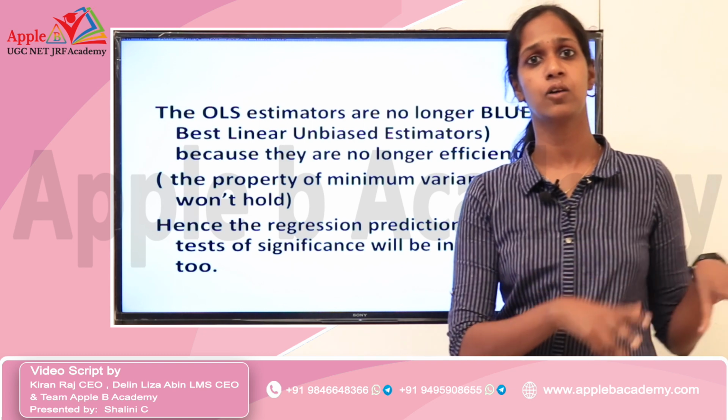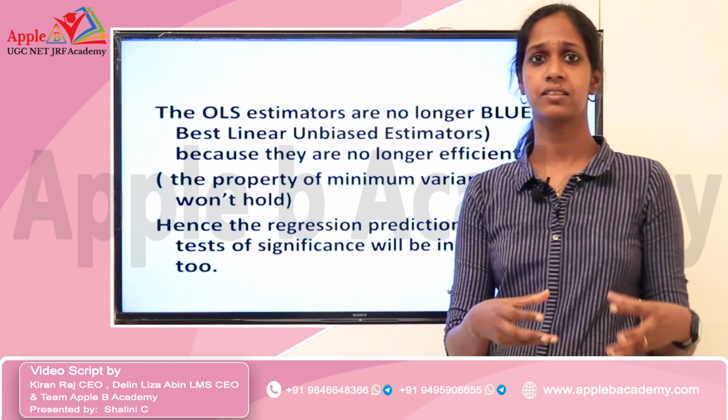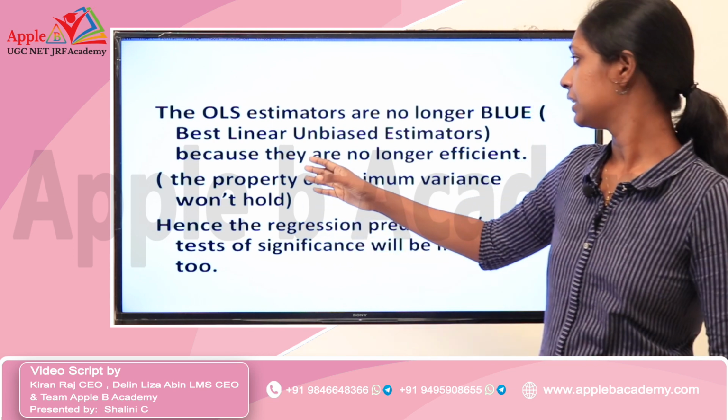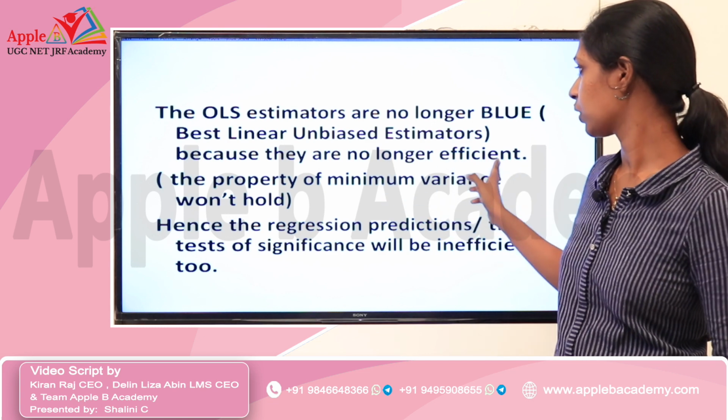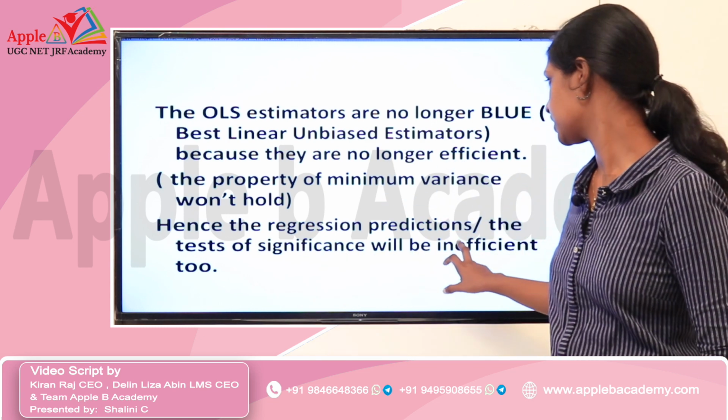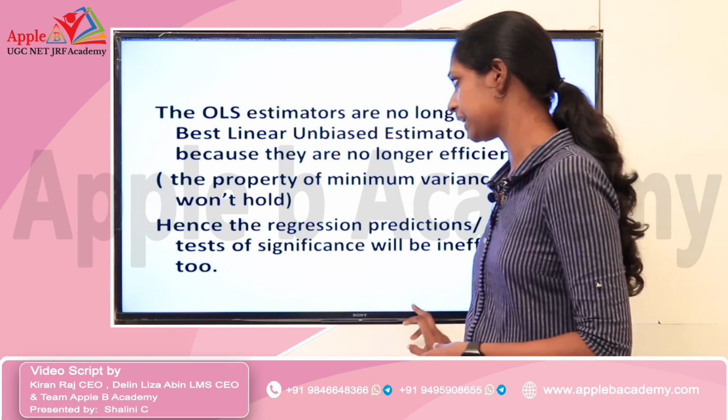The estimators are now heteroscedastic, that is, the variance is not constant. The property of minimum variance won't hold, that is the basic idea of them no longer being efficient. Hence, the regression predictions or the test of significance will be inefficient too.